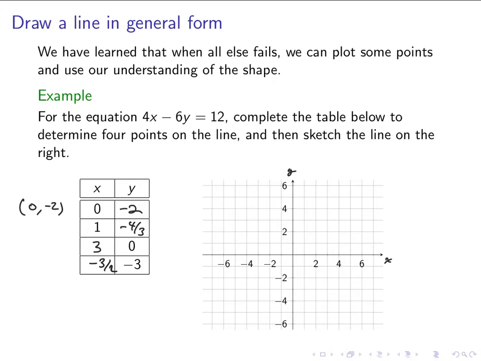I want to find horizontally 0 and vertically -2, which would be a point right there. So that's the first point. This point, as an ordered pair, I would write 1, -4/3. So I'm going over 1 and then down 4/3. 4/3 is 1 and 1/3, so it'll be about there.